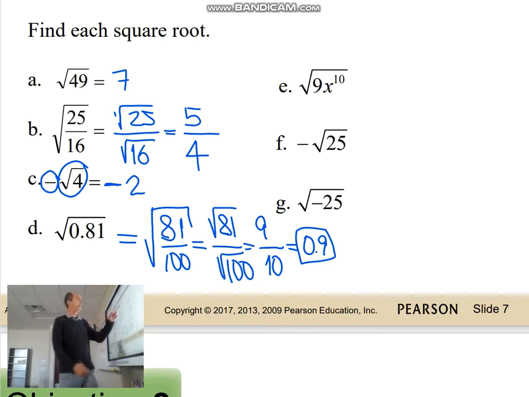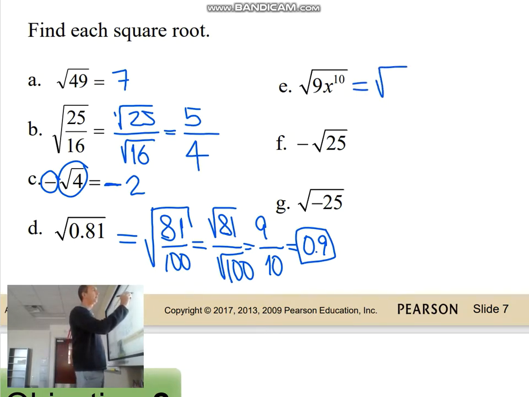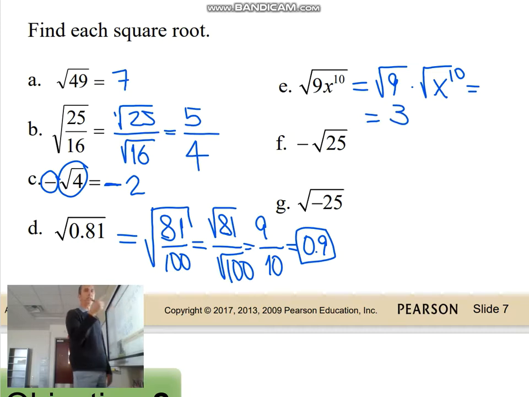Now check letter E. Square root of 9 times x exponent 10. You can write this as square root of 9 times square root of x exponent 10, and the answer is going to be square root of 9 is 3, because 9 is 3 times 3, 3 squared, and square root of x exponent 10 is x exponent 5.